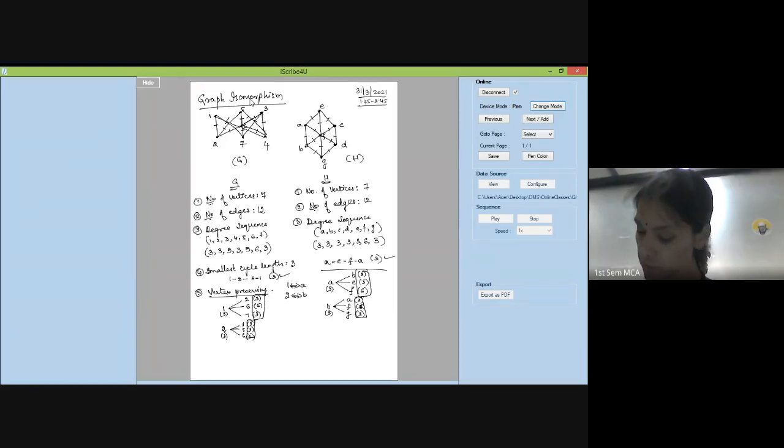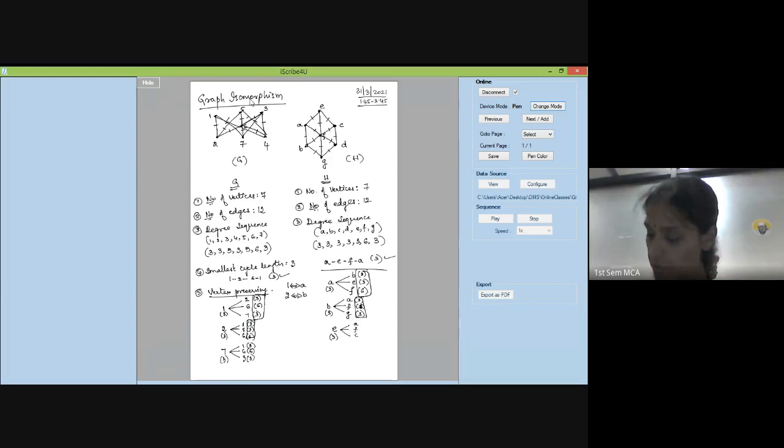Now 3, where is 3? If I take 7 here next, 7 has degree 3 and the vertices of 7 are 1, 6 and 3. So 1 has degree 3, 6 has degree 6, 3 has degree 3. Here if I take up any vertex I can find out like this, not necessarily in particular order.